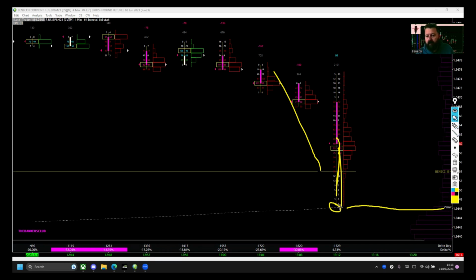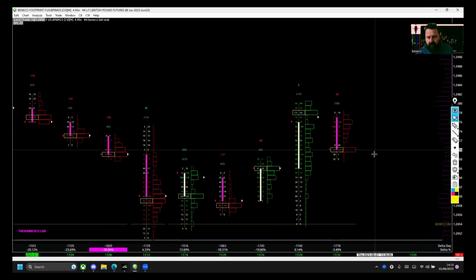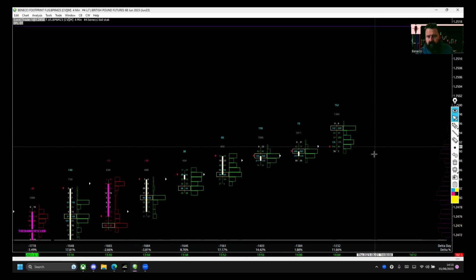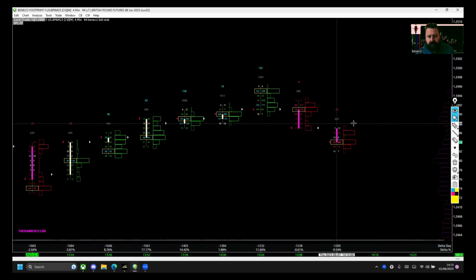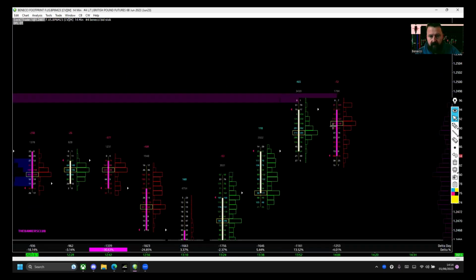I then thought, well, there's probably an institutional player in the market that has got VWAP execution. I still have my targets, which I'll show you now. If I click off the footprint, you can see we started going back up. I flicked to the 14-minute, we just traded into one of my stacked imbalances and we've rejected from there.